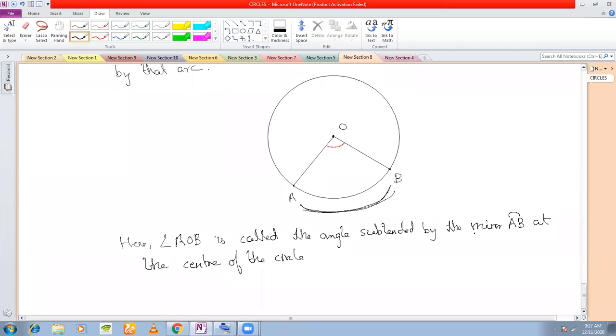So I'm underlining this minor arc at the center.